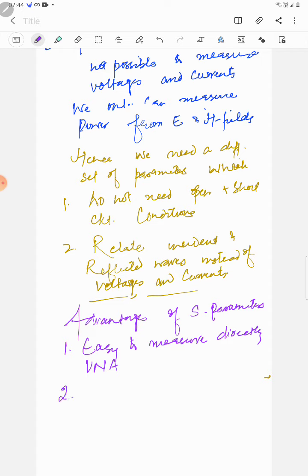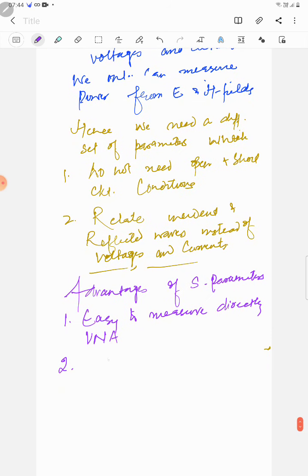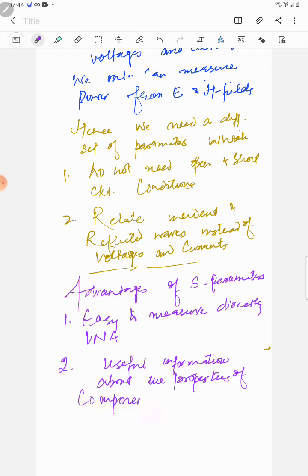Second advantage is that these S parameters give useful information about the properties of components used at high frequencies or microwave frequencies.